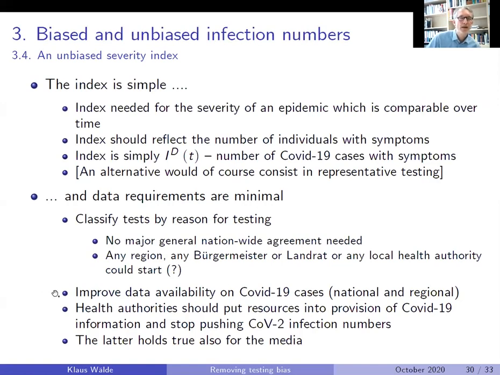Then we would have data on COVID-19 cases, national and regional. And then everything would be fine. Then we would have an intertemporally comparable measure of the epidemic. And then we would be able to say when public health measures should become stronger and when not.